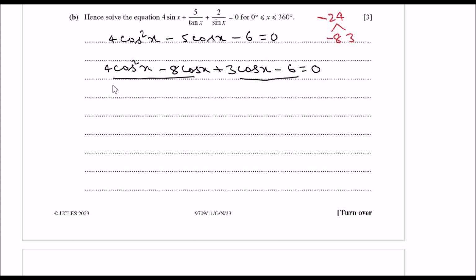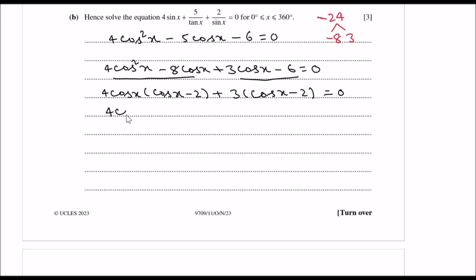So what is the highest common factor in the first two terms? 4 cos x. So let 4 cos x be the factor here, and then we write cos x minus 2. Again, 3 will be the highest common factor here in the second pair, and bracket will be cos x minus 2, that is equal to 0.